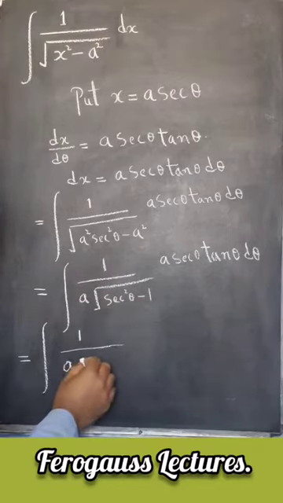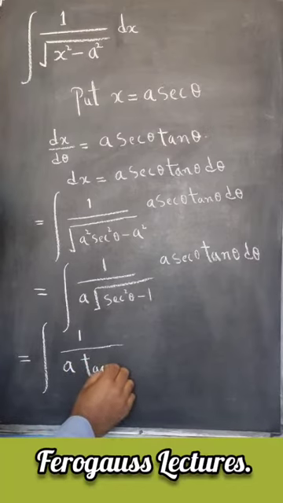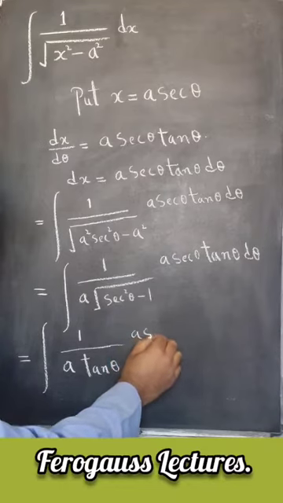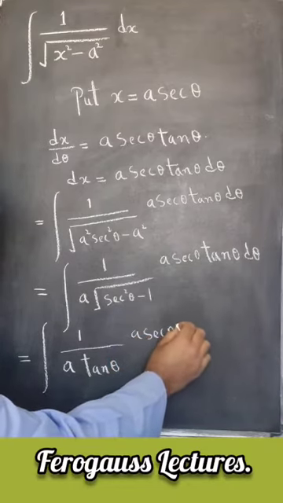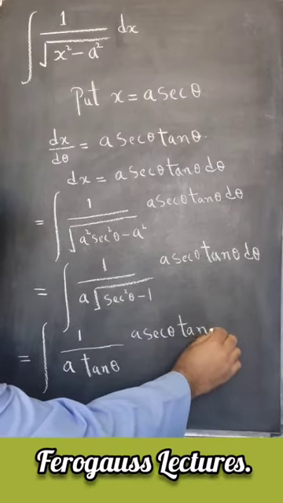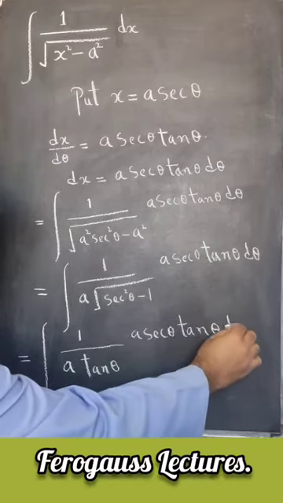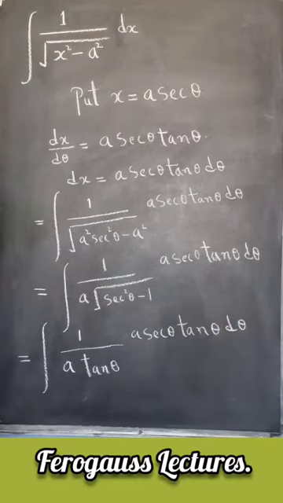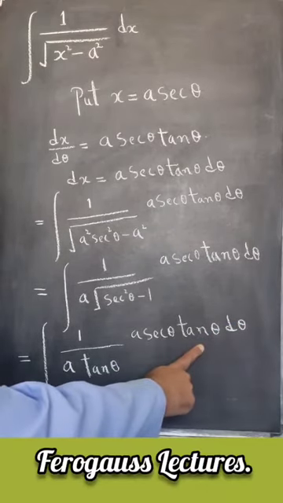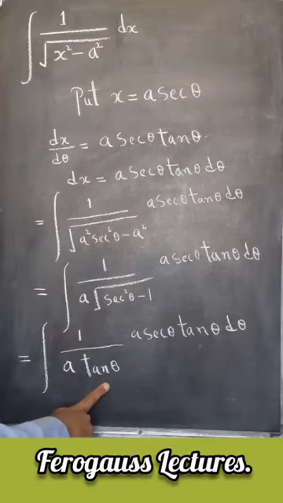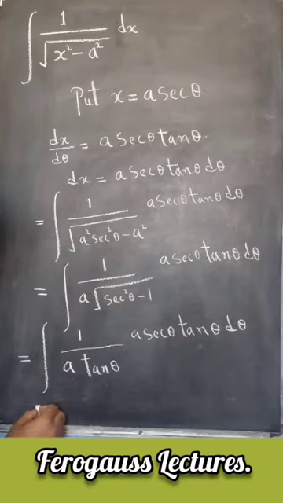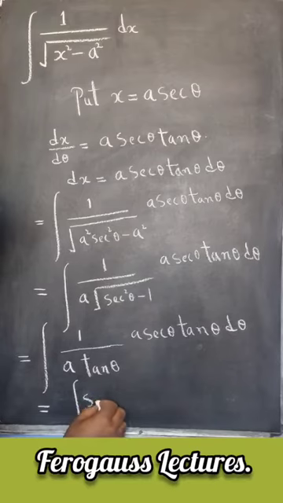Square root of tan square theta is tan theta, so we can write here tan theta. Then we have a secant theta tan theta d theta. Now a tan theta and this a tan theta will yield 1 as quotient, so we get the integral of secant theta d theta.